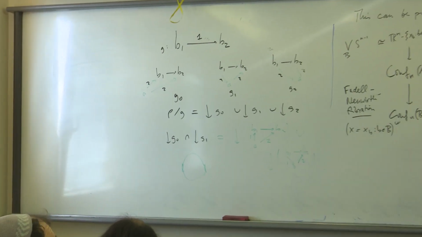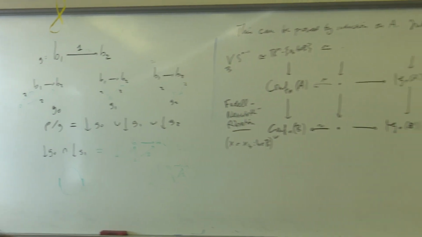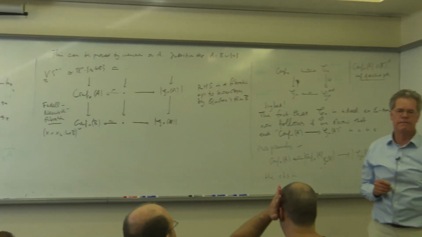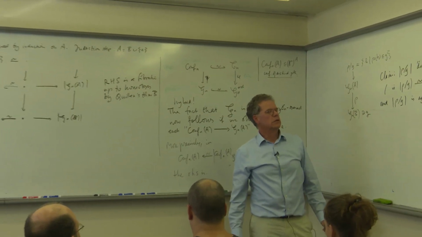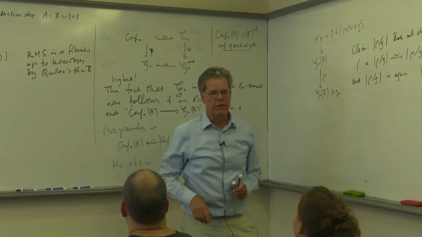So this comparison map is just a permutation of the wedge. These spheres in the wedge, you permute them a little bit. According to the order, this wedge occurs in the order of the linear order of the graph.